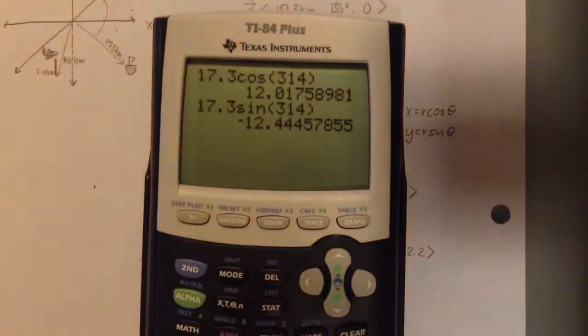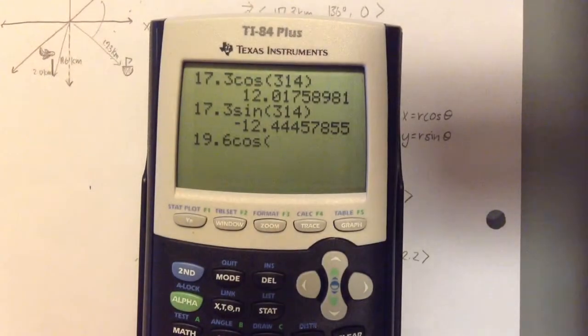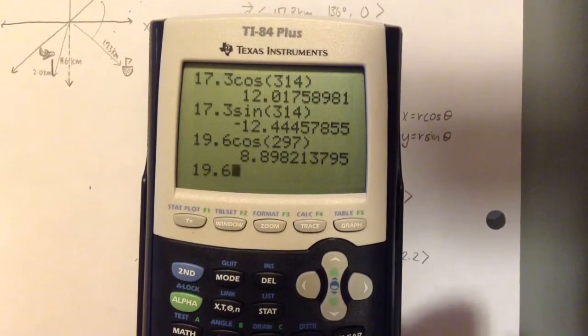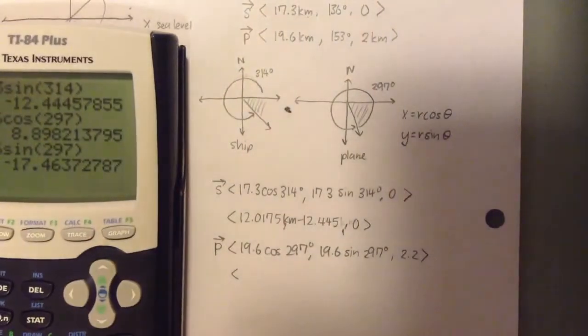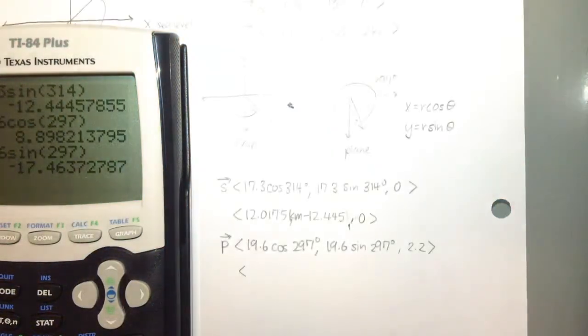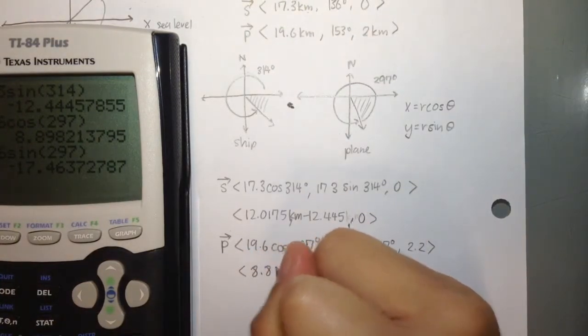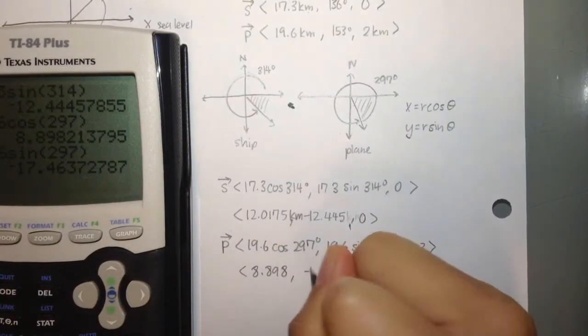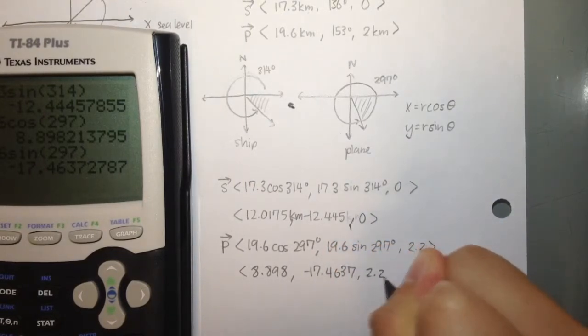If we plug that into our calculator, we're going to get 8.898 and negative 17.4637, and then 2.2.